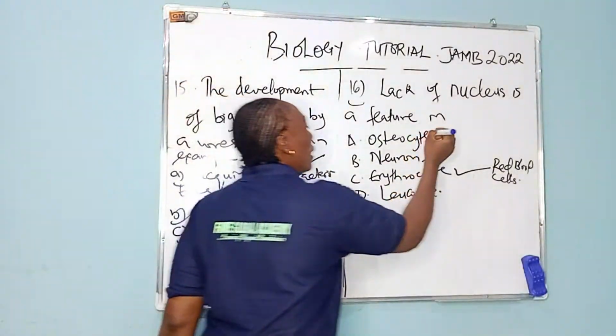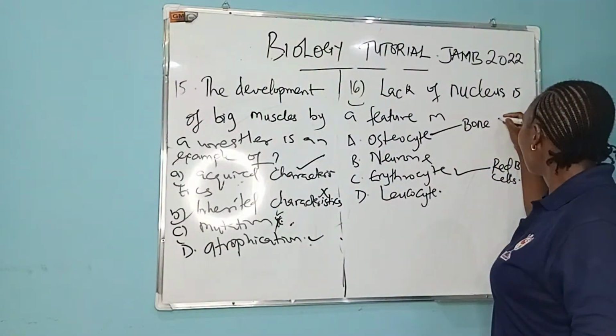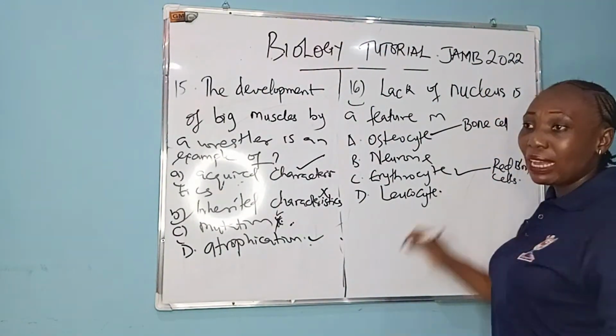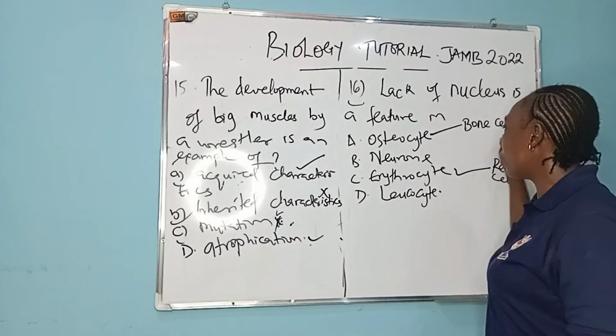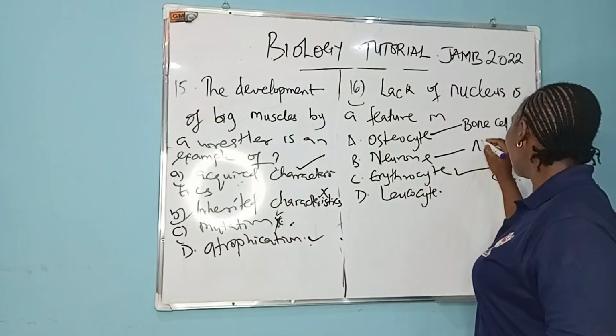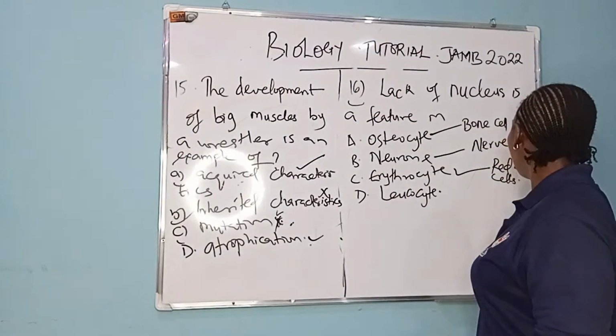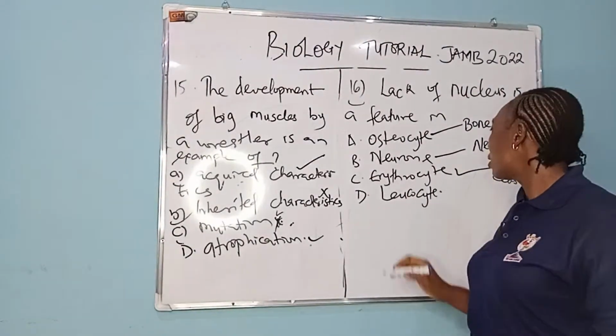The osteocyte is the bone cells. These are cells found in the bone, and they have a very developed nucleus, so this makes it wrong. Neuron is a cell found in the nerve, our nerve cell. Again, it has nucleus.